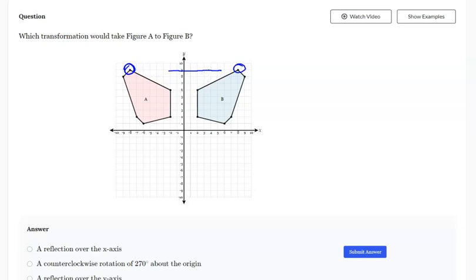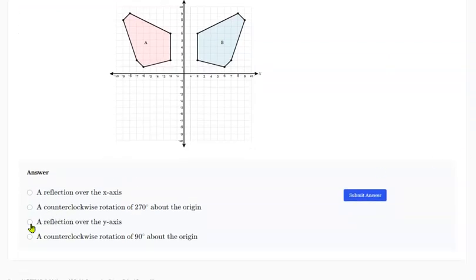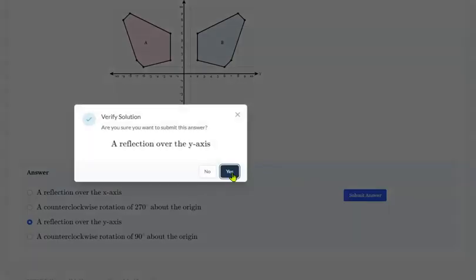So this is definitely a reflection. And I know that it has reflected from left to right over the y-axis. So we're going to choose reflection over the y-axis. Let's take a look at another one.